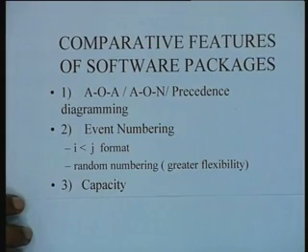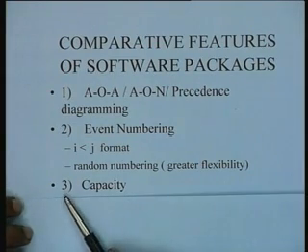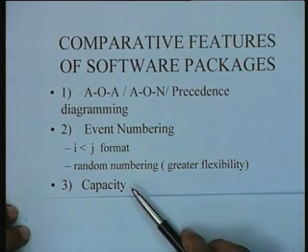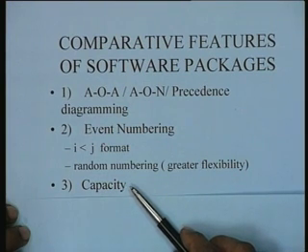So both these features are available in many packages. The third factor on which you can compare software packages is the capacity, and typically by capacity we mean the number of arcs or activities that it can handle.